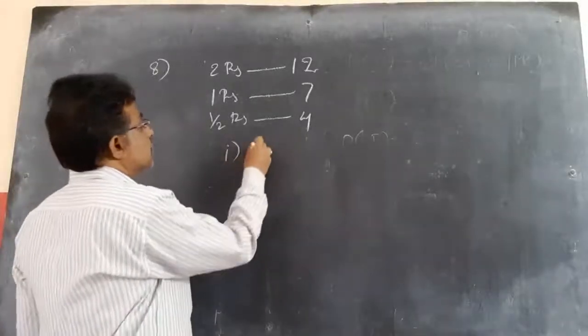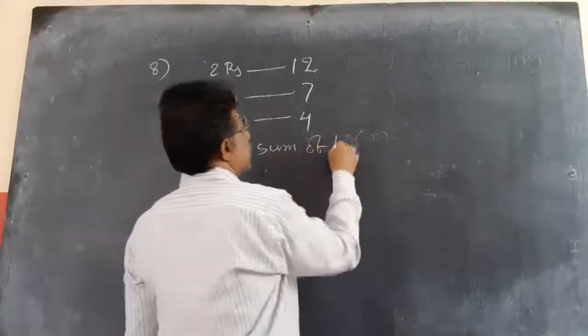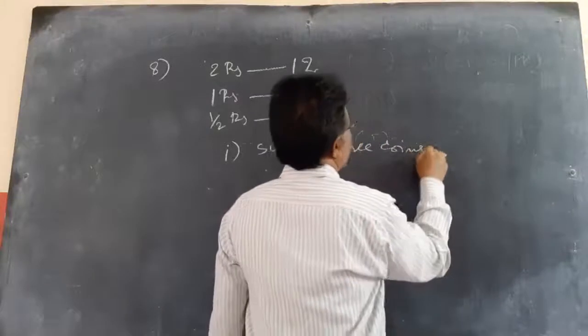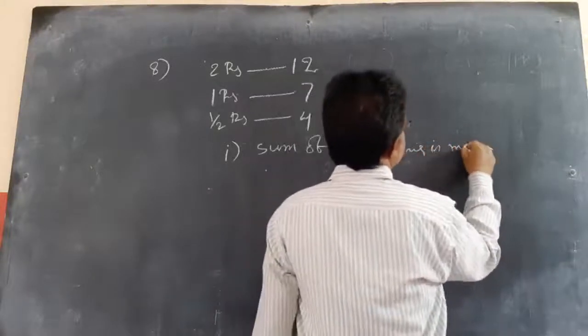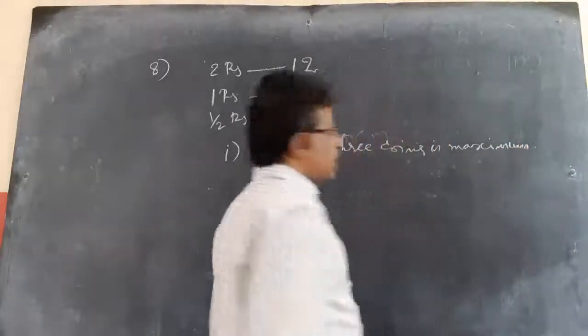maximum. Sum of 3 coins is maximum. Probability is asked.